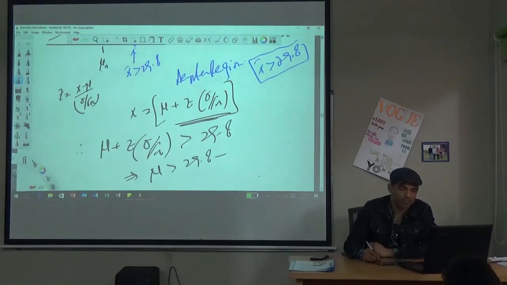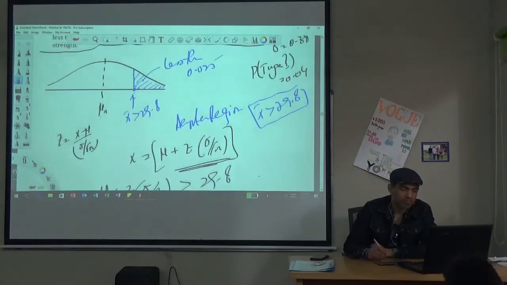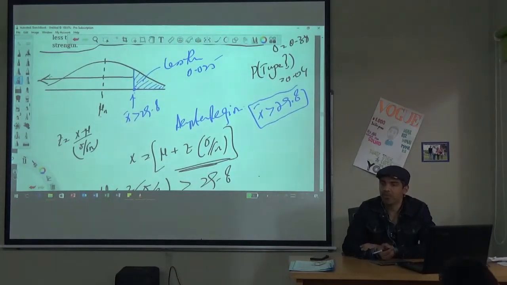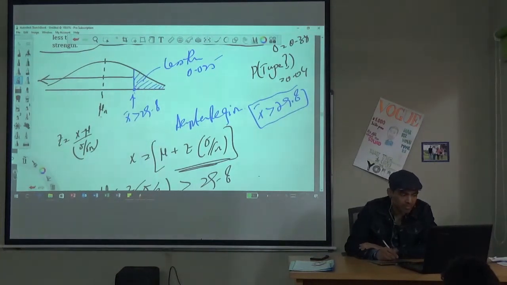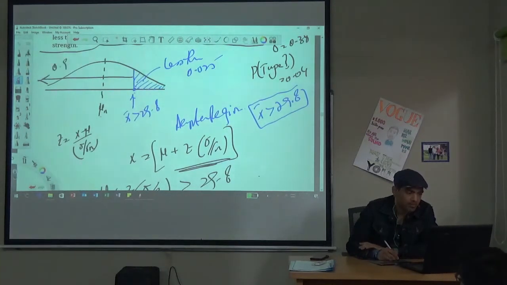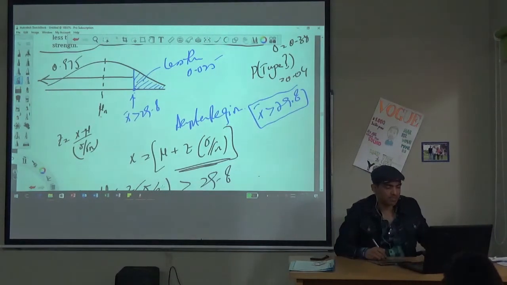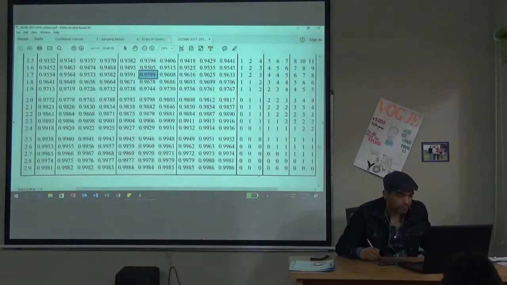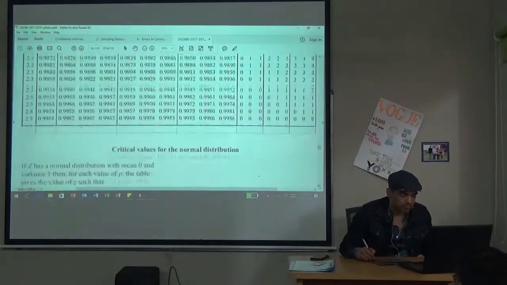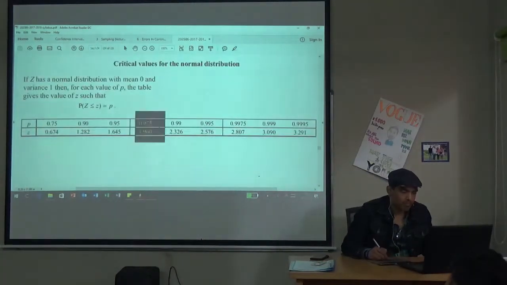Now the z value will be computed on the basis of 0.975. So what's the z value for 0.975? 1.96.